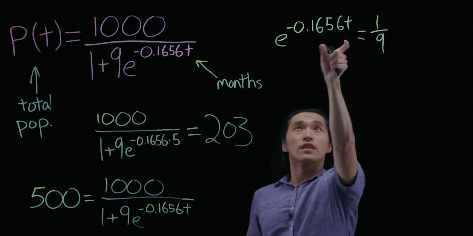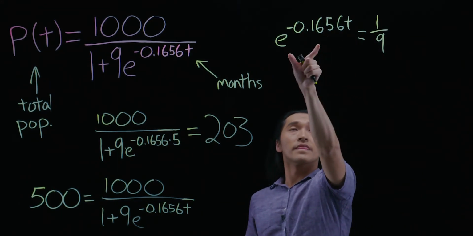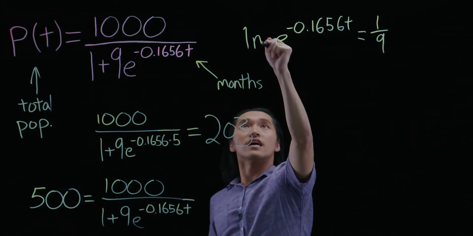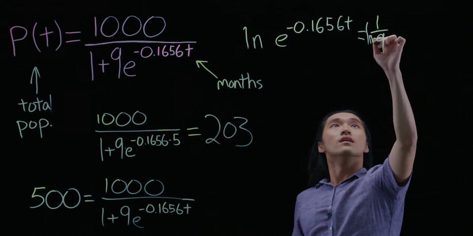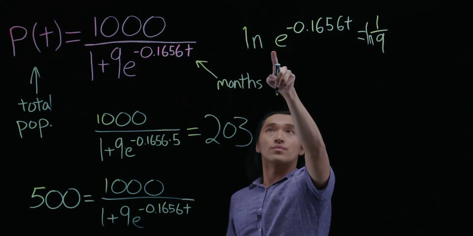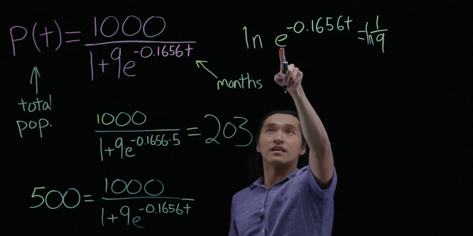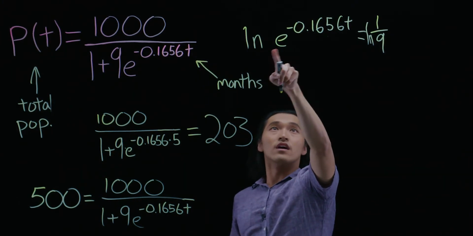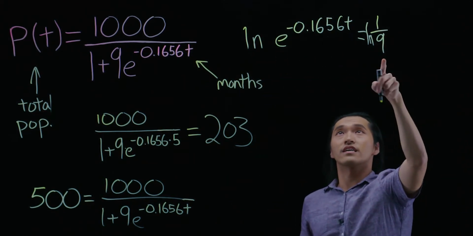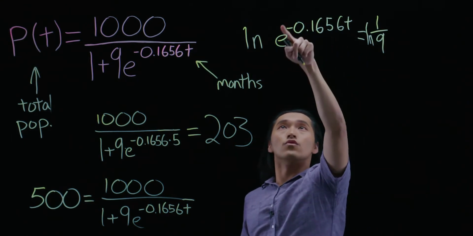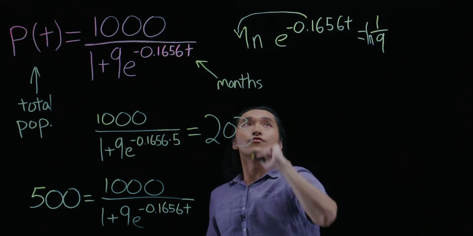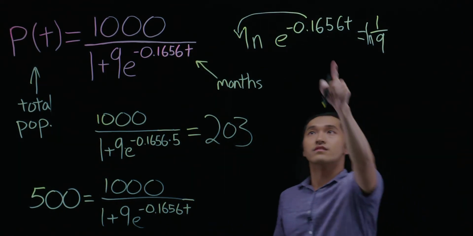We can switch this exponent into a logarithm. We can do the natural log of both sides. By doing the natural log of both sides, we're able to cancel out the e with the natural log because the natural log has a base of e. And when the base and the argument are the same, they're able to cancel out. But of course, if we take the natural log of one side, we have to take the natural log of the other side. Meanwhile, if you recall the power rule, we can now take this exponent and move it to the front.